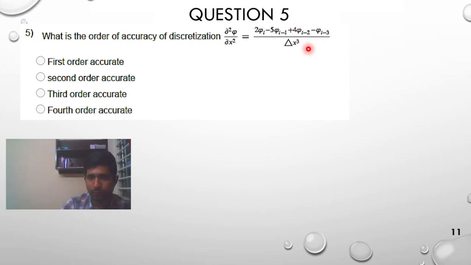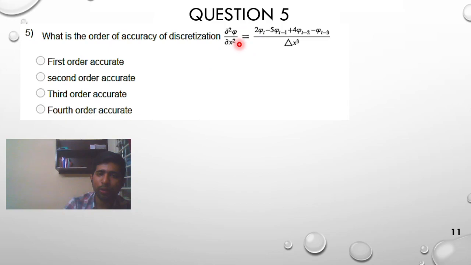Using Taylor series you expand these, then multiply the expansion of phi I minus 1 with its coefficient, phi I minus 2 with 4, and phi I minus 3 with 1, and then do whatever addition or subtraction is given in this question.